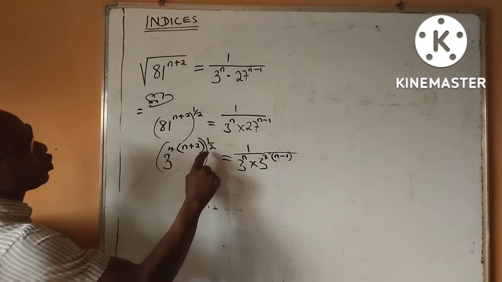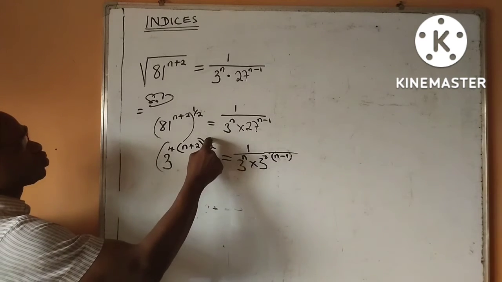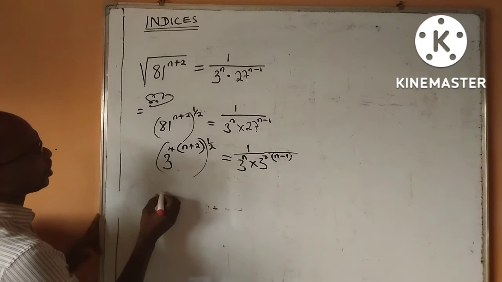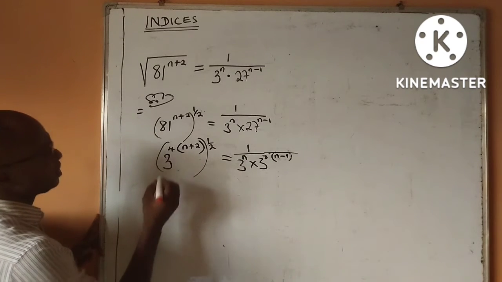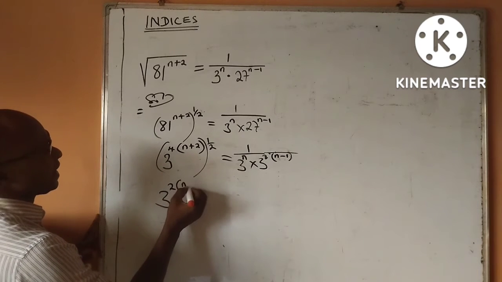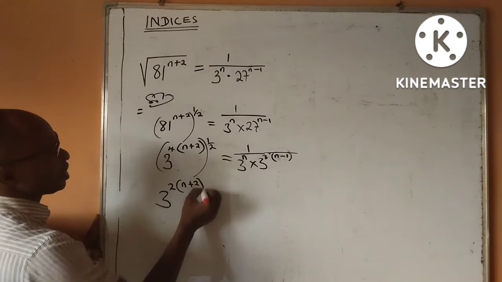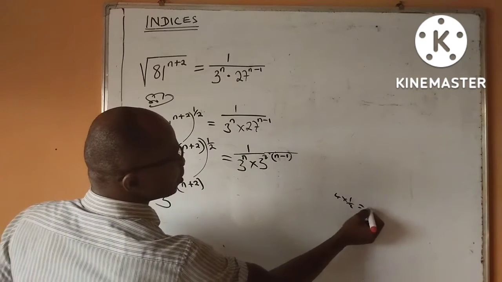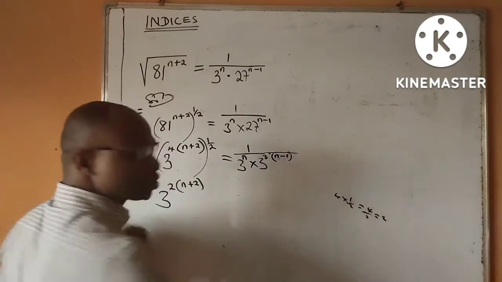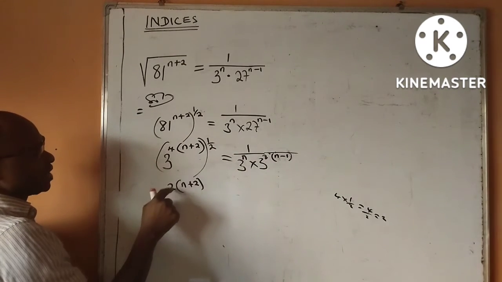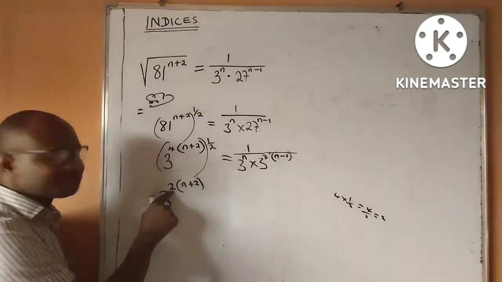Here, I will also open the bracket. I will use this 1 over 2 to multiply 4, and it is going to give me 3 raised to the power 2 into n plus 2. How? Because 4 times 1 over 2 is equal to 4 over 2, which is equal to 2. So I have used this half to multiply this 4, and it gave me 2 outside now.